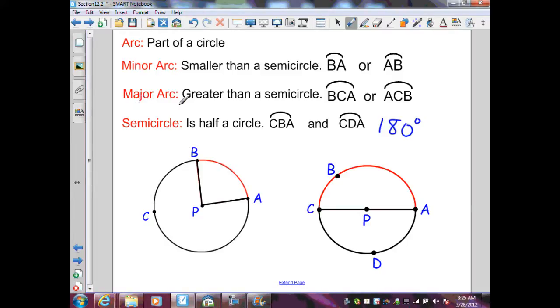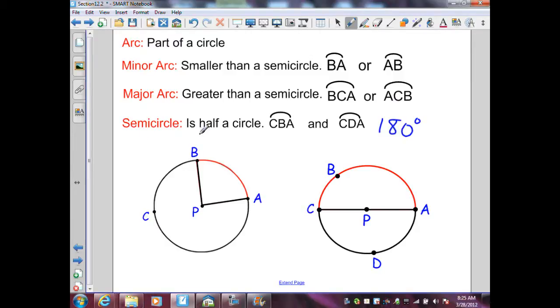A major arc is greater than a semicircle, therefore it has to be greater than 180 degrees and must be identified with 3 points on the circle. Here I have arc BCA and arc ACB. When I identify the arc on the circle, I must go in the order of the points in my notation. Therefore I have arc BCA or ACB. These are both the same arc.